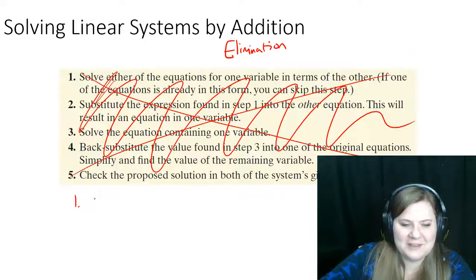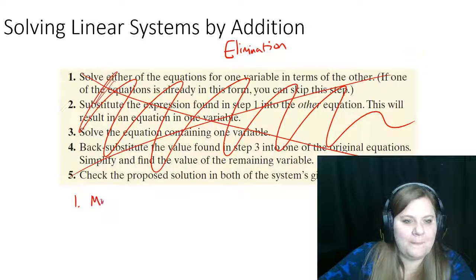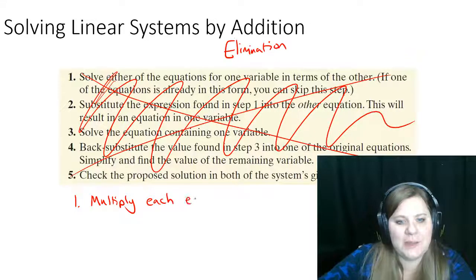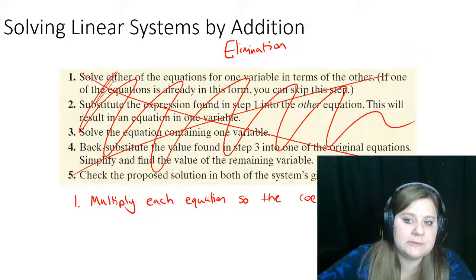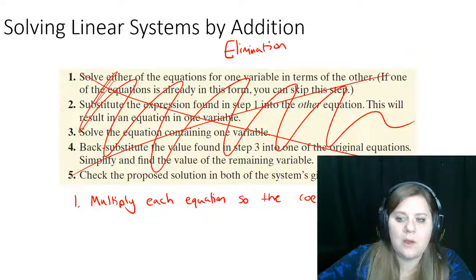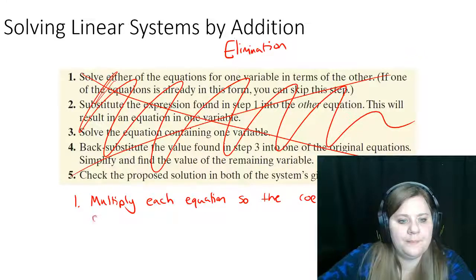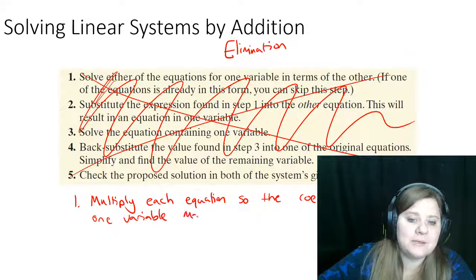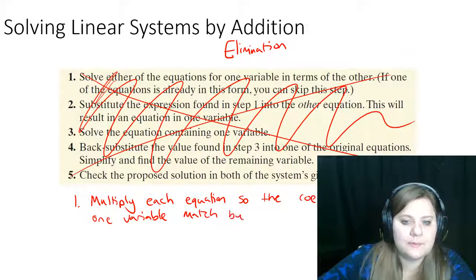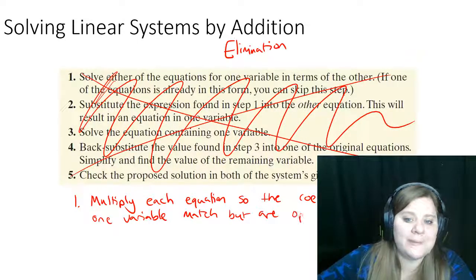Step 1. Multiply each equation so the coefficients of one variable match but are opposite signs.